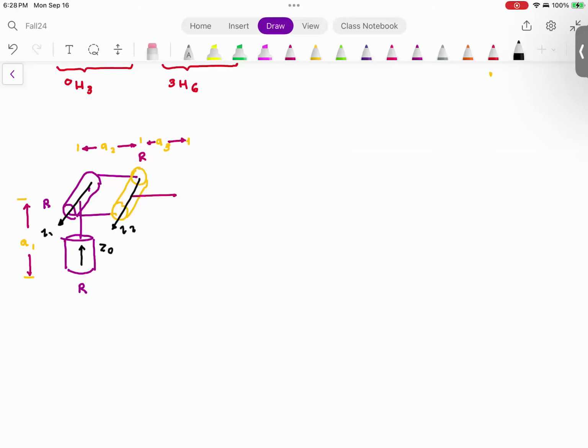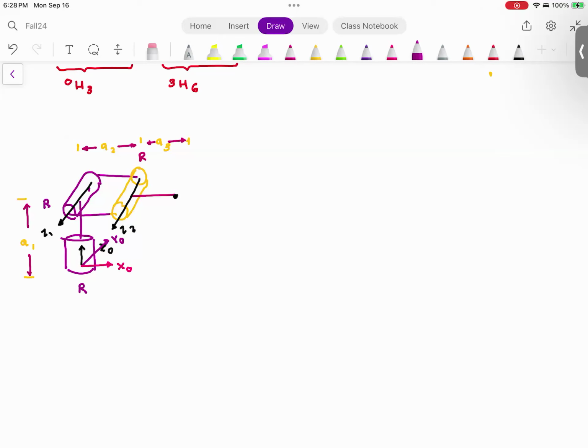So once I get my z-axis, I need to complete the triad. This becomes x naught. X naught can be anywhere, okay? I'm just assuming x naught in this direction. Right hand coordinate system. So I have z, x. So this becomes y. So this is y naught.